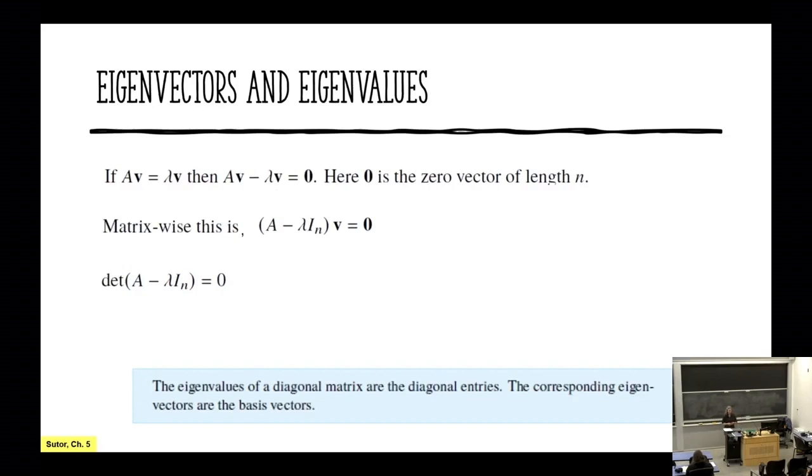All right, so how do we find eigenvectors and eigenvalues? Takes us back to the determinant. So if Av equals lambda v, then Av minus lambda v has to equal 0. Here, this 0, it's bolded, right? This is the vector of length n, the 0 vector.